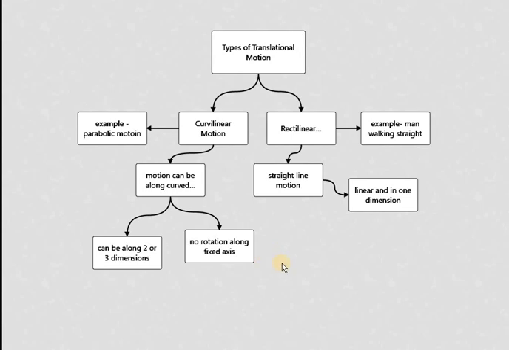So children, we have to study in detail about rectilinear motion and curvilinear motion in class 11. Our third and fourth lessons are motion along a straight line and motion in a plane. So for today, I am winding up.